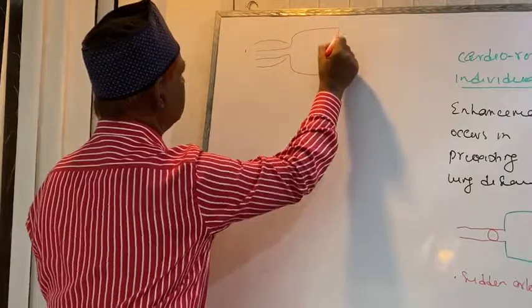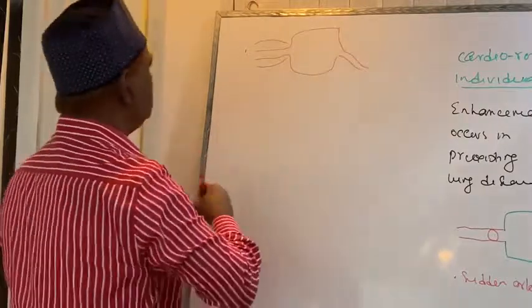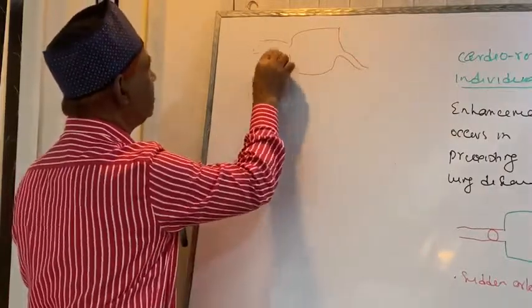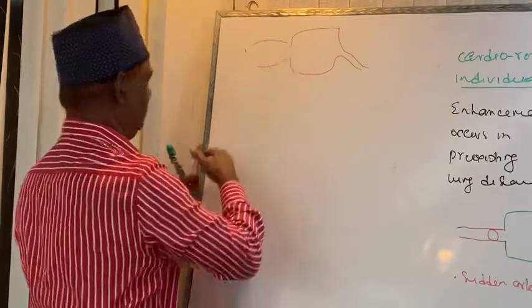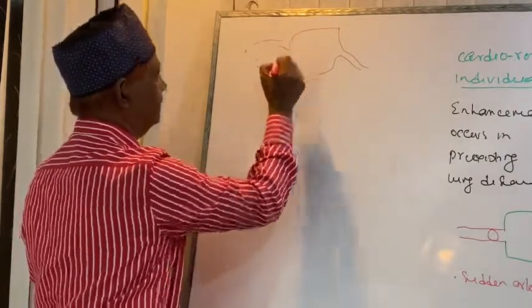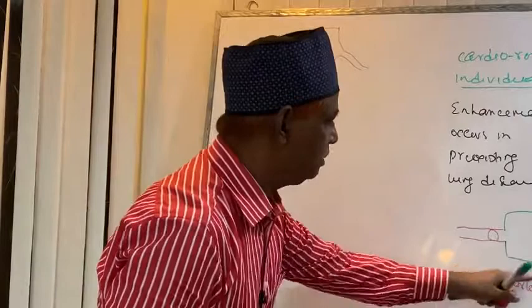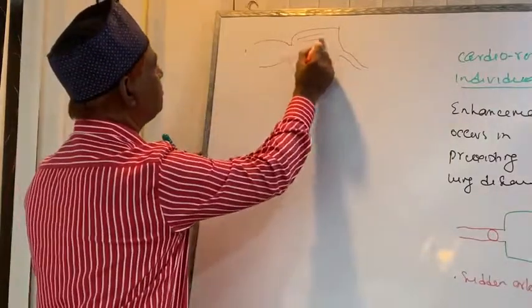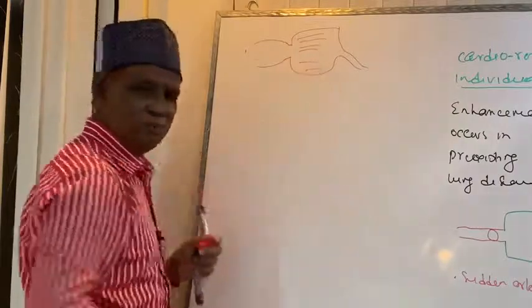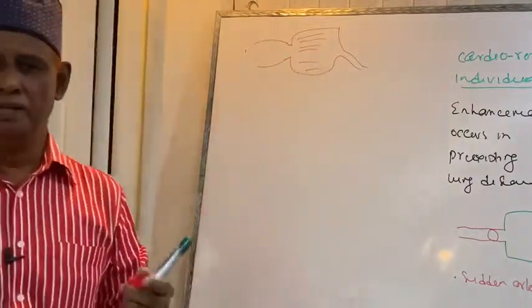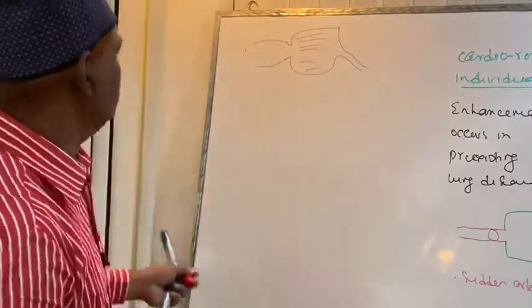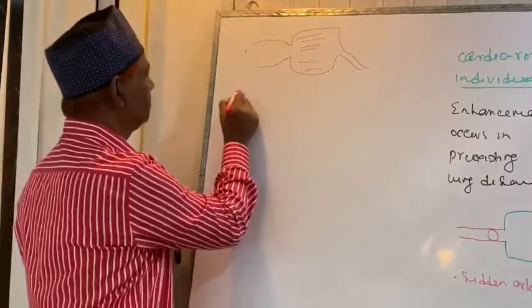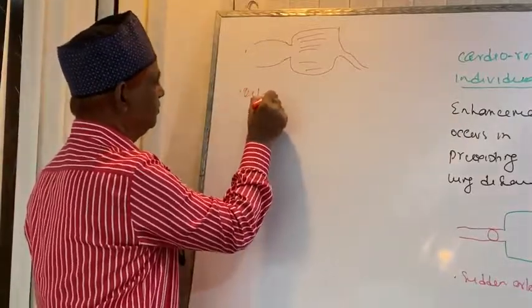Dear audience, I have told you, if there is sudden arterial occlusion, there will be infarction, there will be ischemic necrosis. So, sudden arterial occlusion leads to infarct.